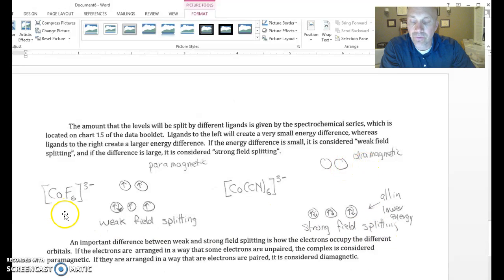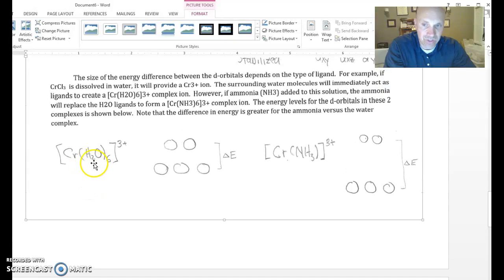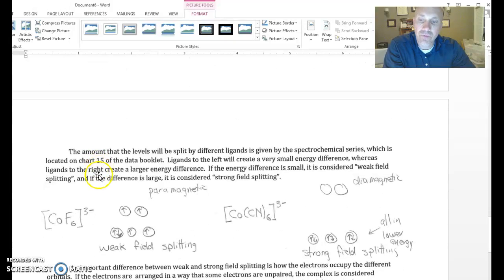An example of a ligand that would give you weak field splitting is a fluoride ion. When fluoride acts as the ligand, you could end up making this complex ion. Notice here that the ligand is actually a single atom rather than molecules like we've been showing before, but recall that a fluoride ion has lone pairs on it, and therefore it can act as a ligand.